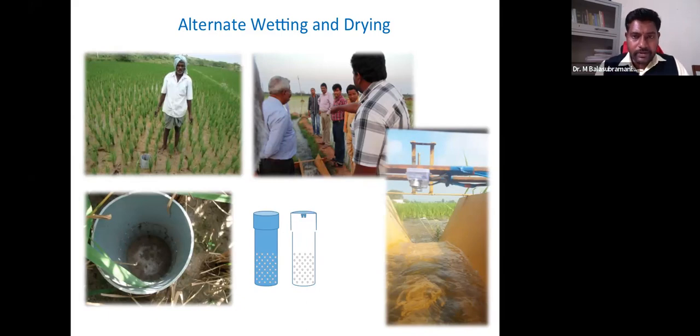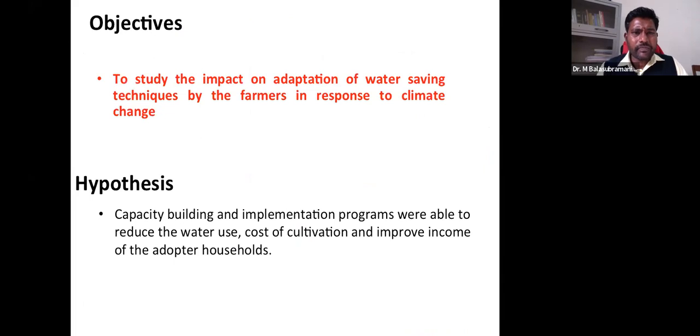That's our objective. So our hypothesis here is that the capacity building and awareness program on these water adaptation practices, and how to implement them, for those who implemented them in their field, reduces water use and cost of cultivation and improves the income of the adopters.